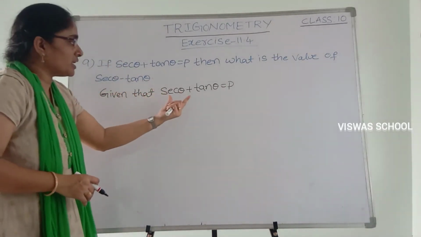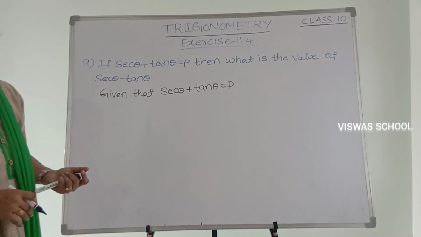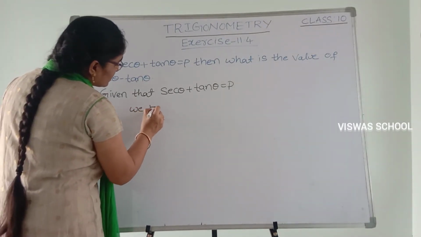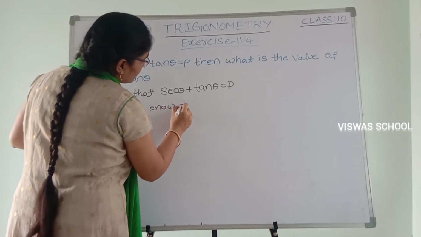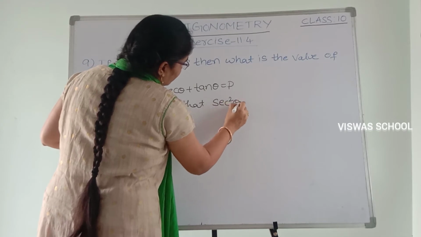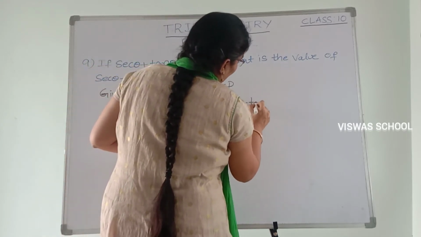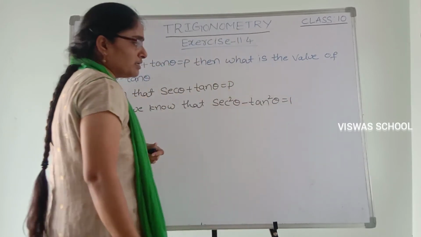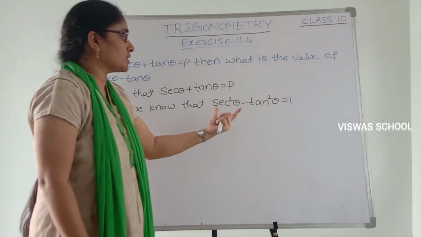Here we have a related trigonometric identity. We know that secant square theta minus tan square theta is equal to 1.